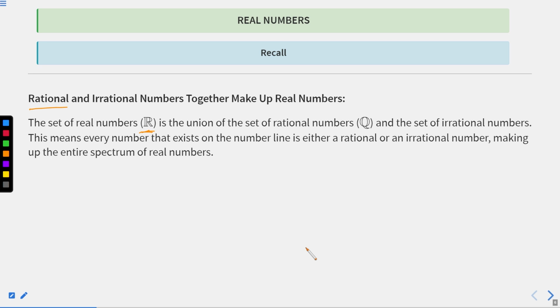This means every number that exists on the number line is either a rational number or an irrational number. Basically, the number line means the real number line.